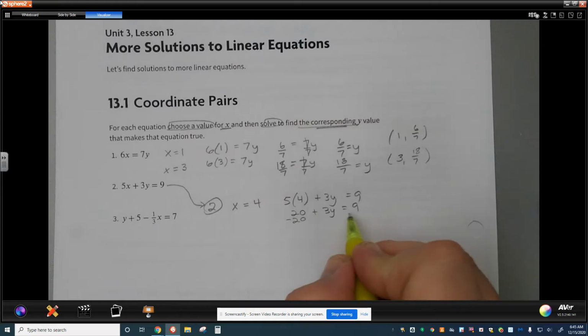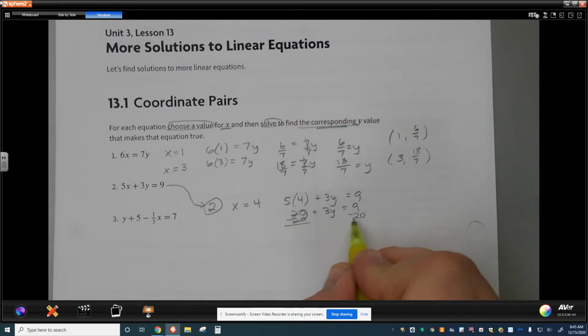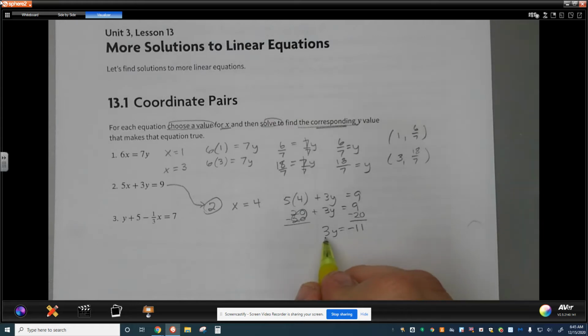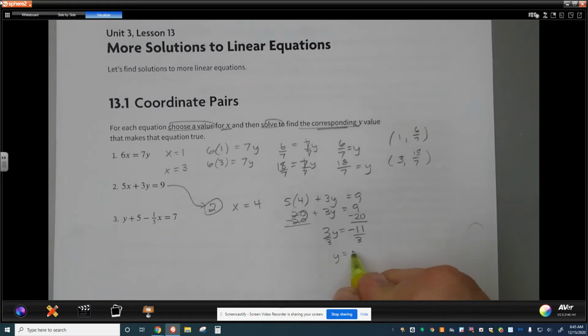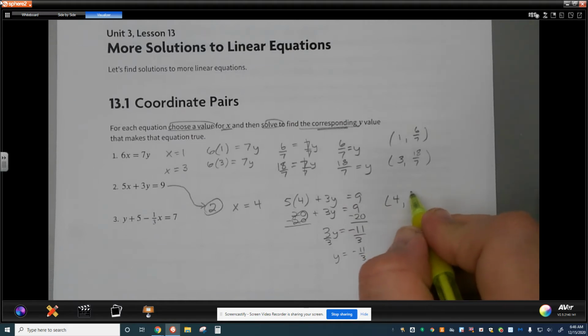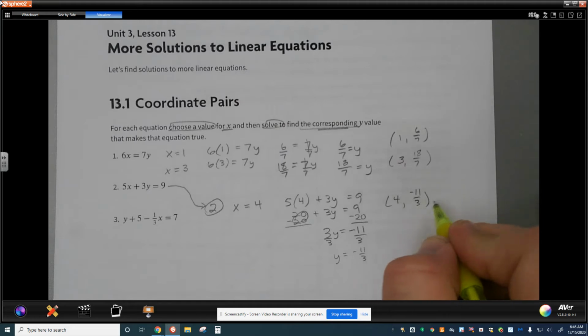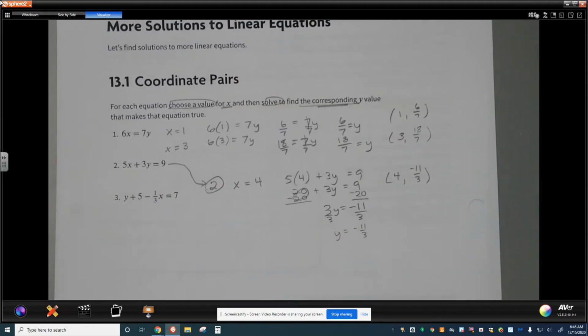Subtract 20 from both expressions, eliminating this one, and leaving us with 3 times y is equal to -11. Divide by 3 on both expressions, and I find out that y is equal to -11/3. So my ordered pair would be when x is equal to 4, my y has to be equal to -11/3 for this equation.